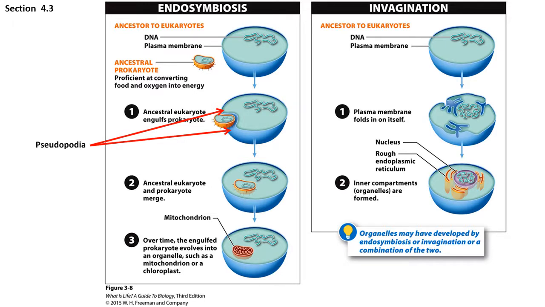Within a bigger cell, they're less likely to get eaten by other things, and they receive shelter. Also, they are a benefit to the rest of the cell, because that cell now has the ability to use oxygen to break down sugars to get energy. And there's a compartmentalization of function.